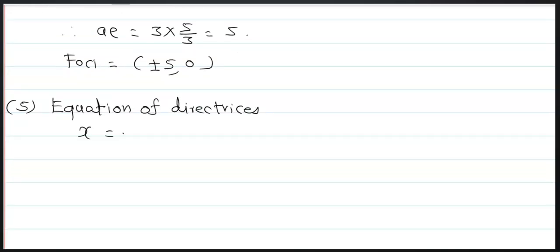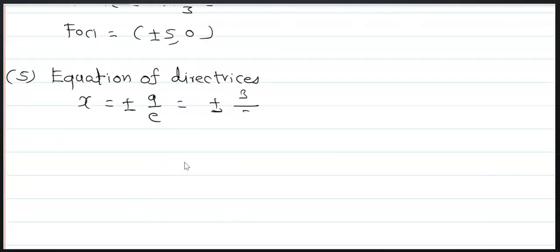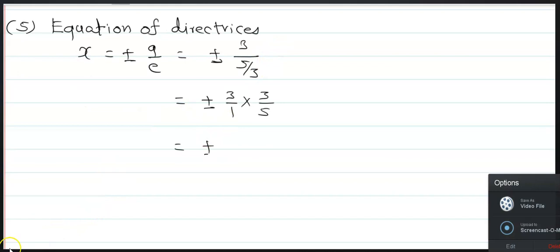Equations of directrix, x is equal to plus or minus a upon e. The value of a and e, that is 3 upon 5 upon 3, that is 3 into 3 upon 5, x is equal to plus or minus 9 upon 5.